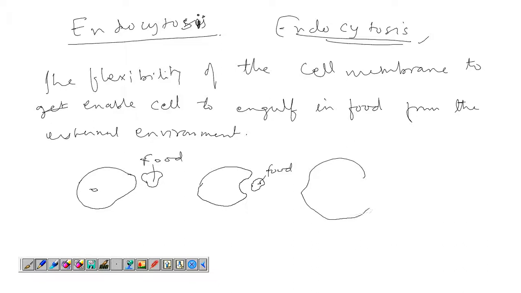In its final stage it will do something like this. It will get the food here, and finally it will dissolve the food inside. So this is the engulfing of food from the external environment.